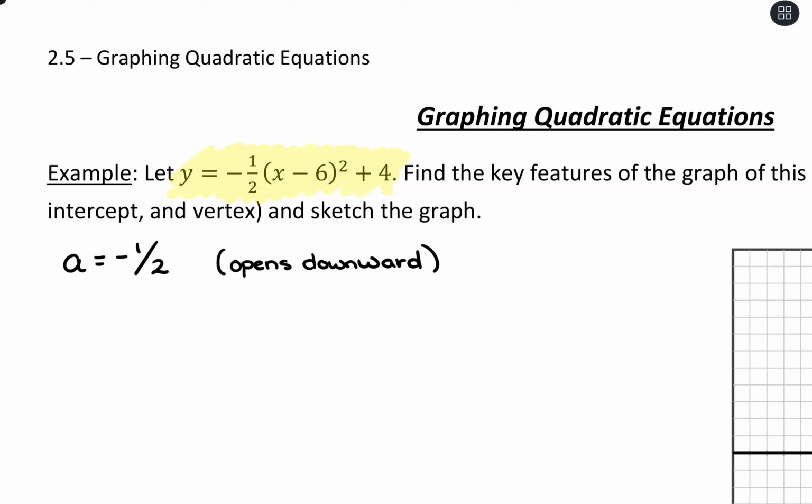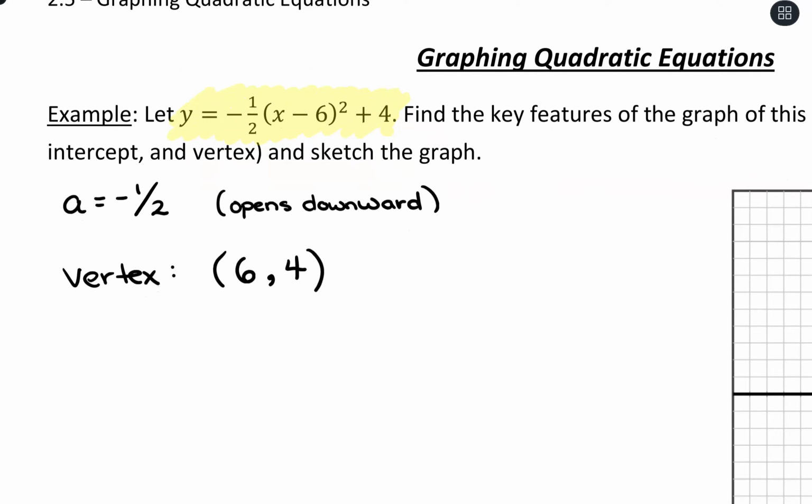I can also go ahead and get the vertex directly from this format, with h of +6 and a k of +4. And then we could go through and solve for some intercepts. I could get our y-intercept by plugging in x equals 0.